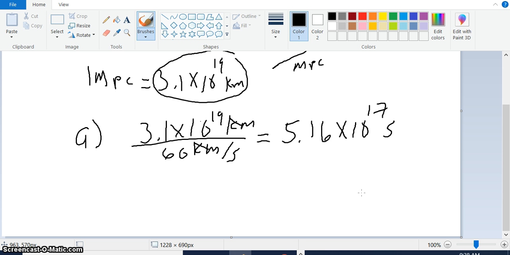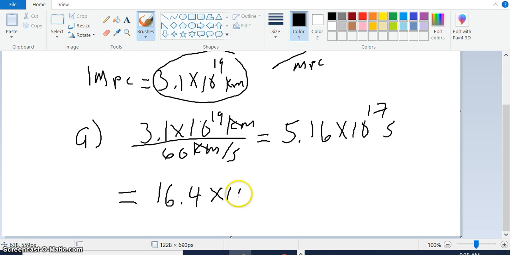When you do this, it turns out to be 1.64 times 10 to the 10th, which would be 16.4 billion years.